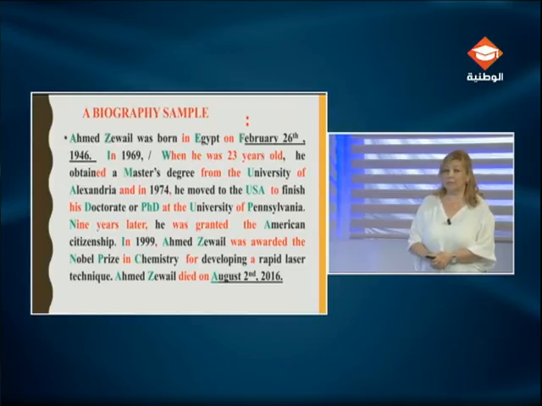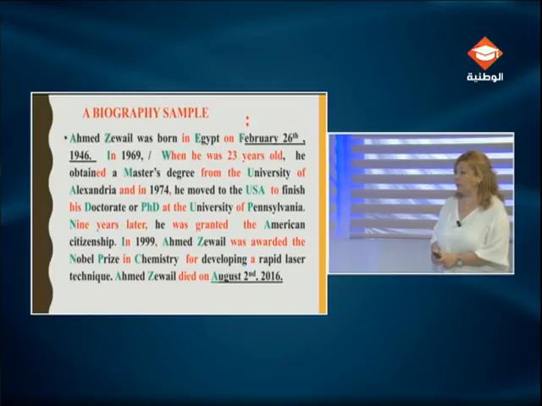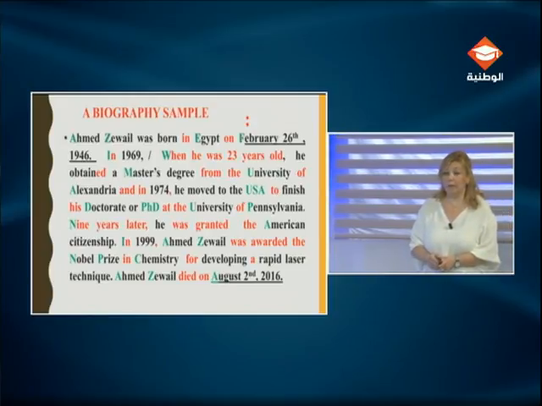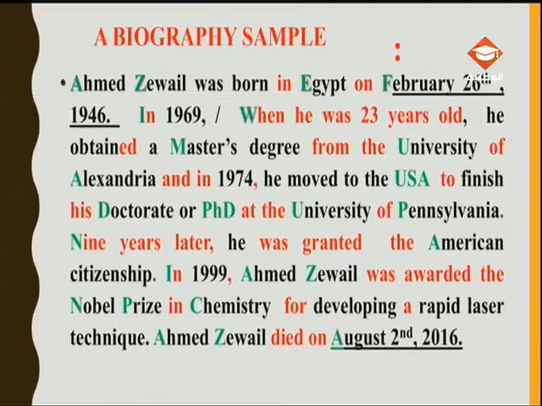He was granted the American citizenship. As you can see, in biographies, you need to use short sentences. In 1999, Ahmed Zewail was awarded the Nobel Prize in Chemistry. Why? For developing a rapid laser technique. Last sentence, Ahmed Zewail died on August 2nd, 2016.